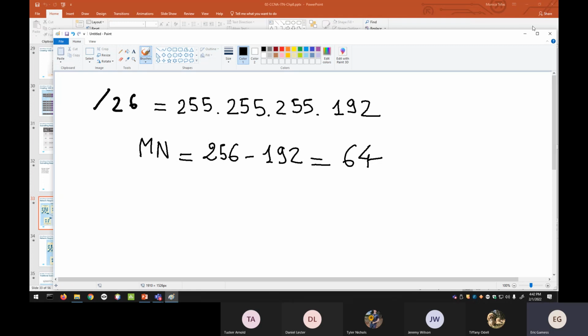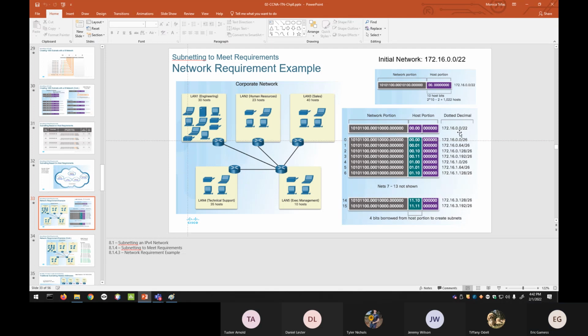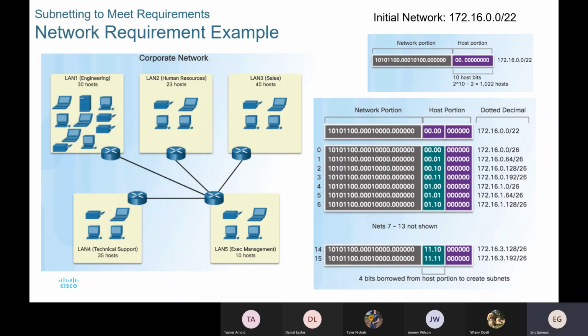So if you look, this is the first subnet. It's a /26 and it ends with 0. So we already know that the magic number is 64 and it is in the 4th byte.